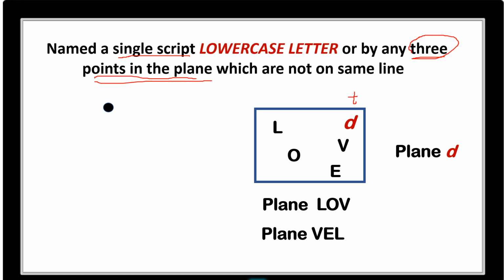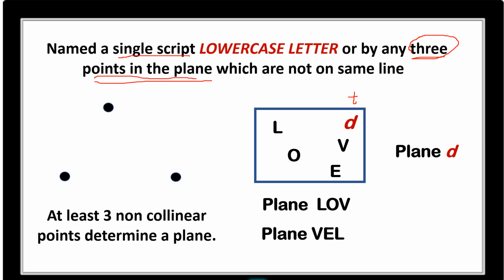Let's observe these given 3 points. Ano kaya ang pwede natin makreate dito sa 3 points na to if we want to connect these 3 points by using the line segments? So, let's find out. According to the statement that we have below, at least 3 non-collinear points determine a plane.